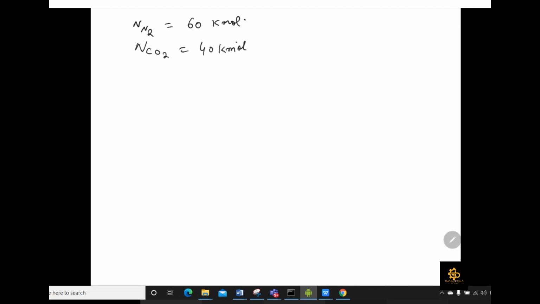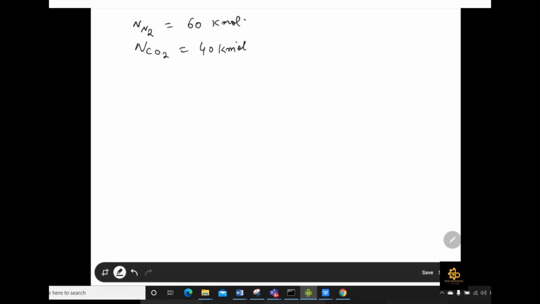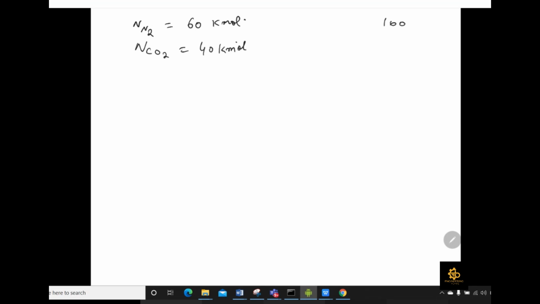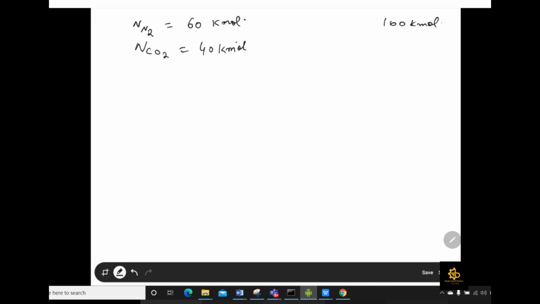You can just assume that the total mixture is equal to 100 kilomole. If you add these two, it will be equal to 100 kilomole, so that you get the fractions, which sum to 1, or you can say 100%.